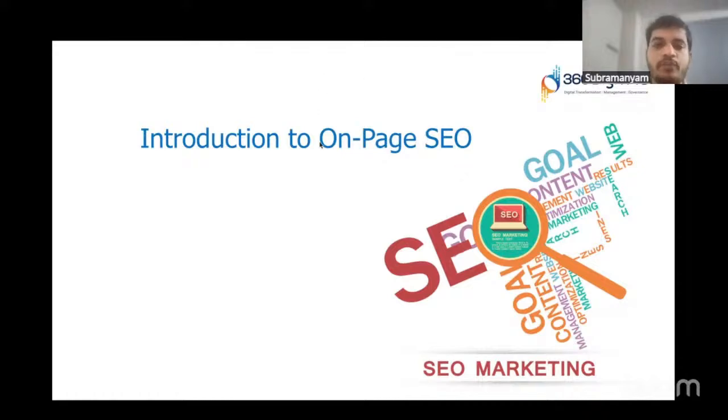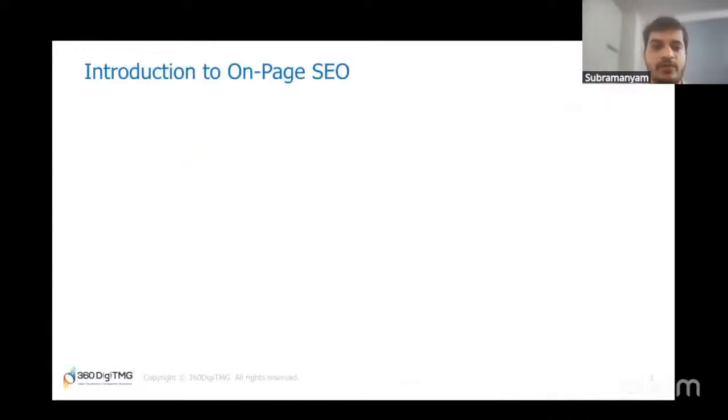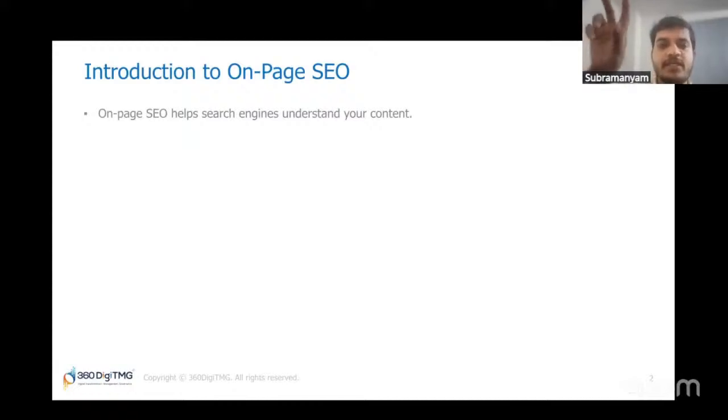What do you mean by on-page SEO? On-page SEO is nothing but on the page. Whatever you see on the page, we'll be making some changes to get higher rankings in the search engine results page, that is SERP. On-page SEO helps search engines understand your content, so it should be in a proper way.